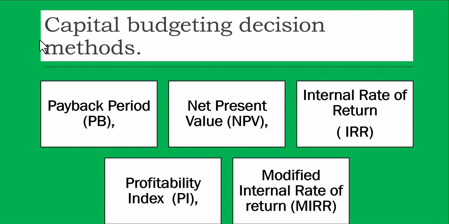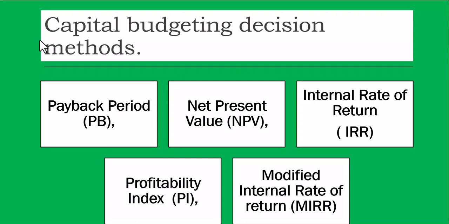The first method is the payback period, a very simple method which many organizations were using. For example, you have to spend say 1 crore rupees on new equipment or a machine, and it is going to generate say 50 lakh rupees per annum for 5 years, but within 2 years it pays back all the money you had invested. So the payback period will be 2 years.